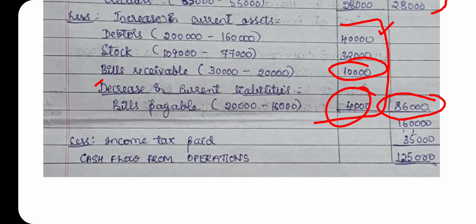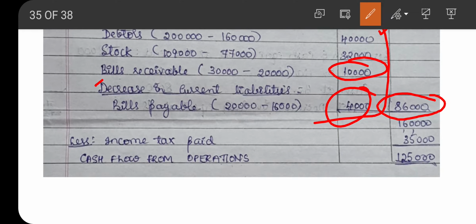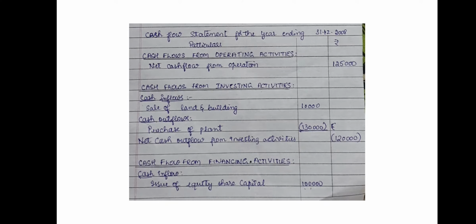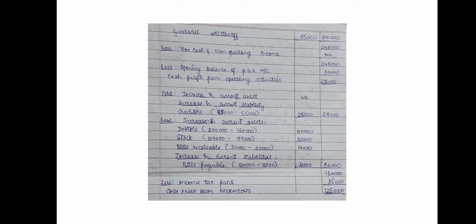It is given in the adjustment that they have paid an income tax of 35,000. So 1,60,000 minus 35,000, cash flow from operation will be 1,25,000. Cash flow from operating activities will be 1,25,000. So this is about cash flow from operation.